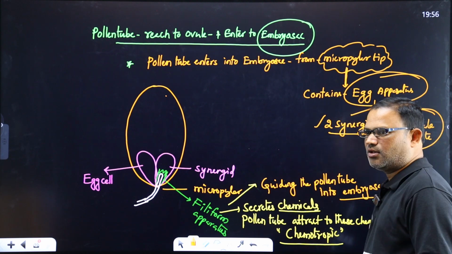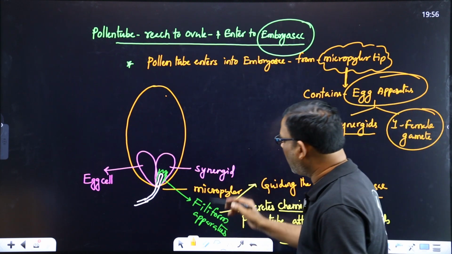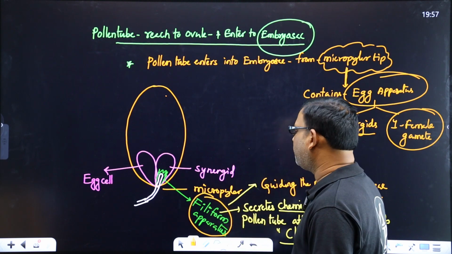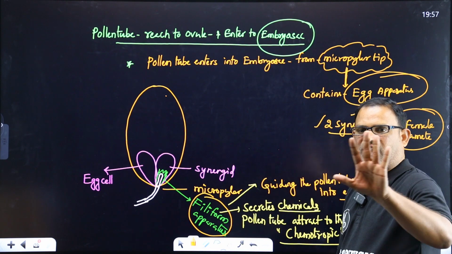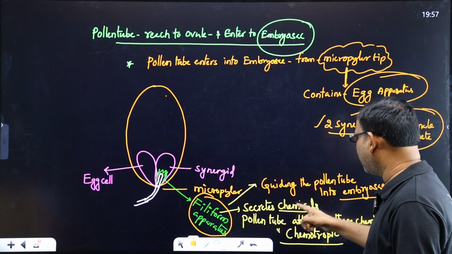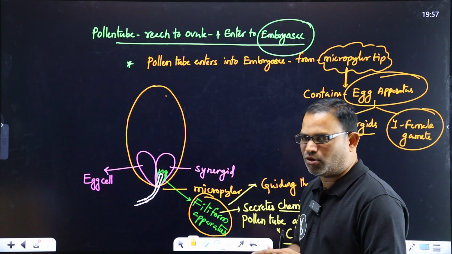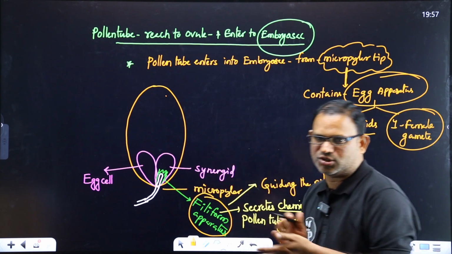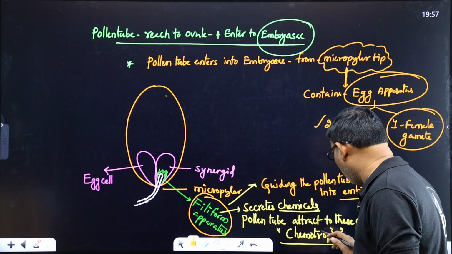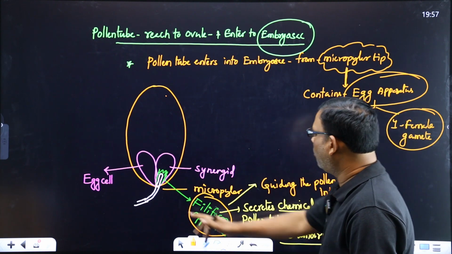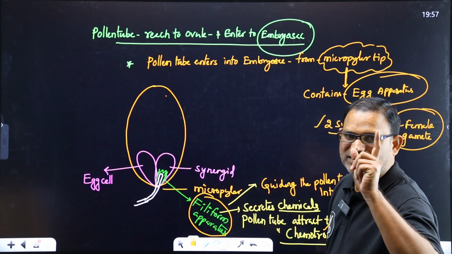The synergids have finger-like projections called the filiform apparatus, whose main function is to secrete some chemicals. The pollen tube is attracted to such chemicals. Such growth is called chemotropic growth. That's why the pollen tube enters one of the synergids.